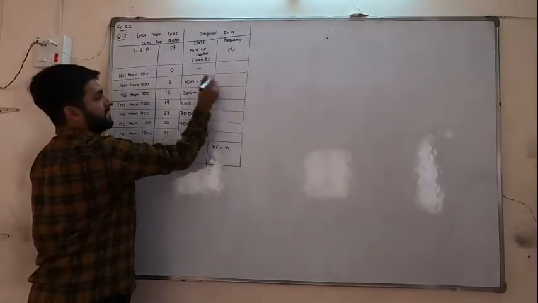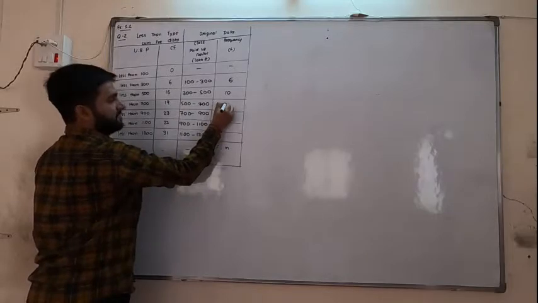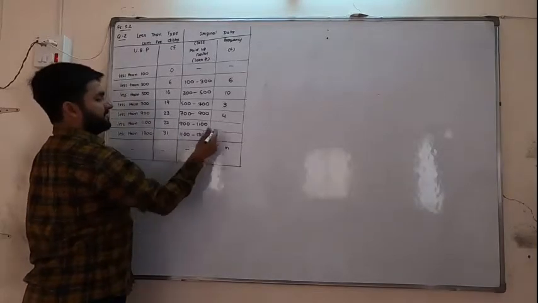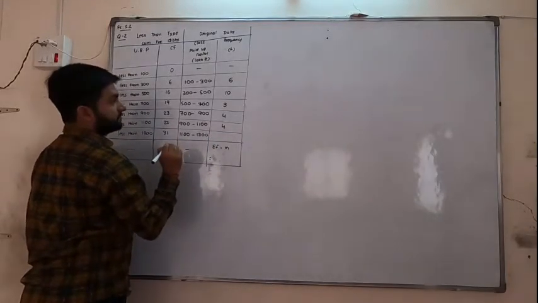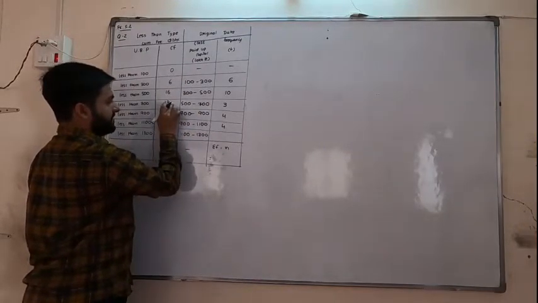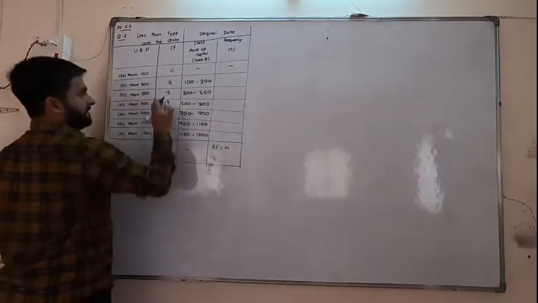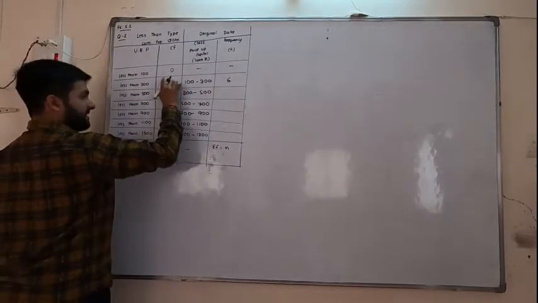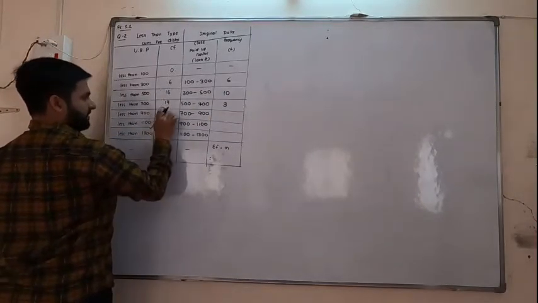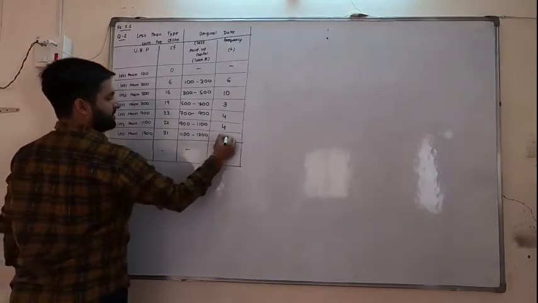Now the frequencies: 6 minus 0 is 6, 16 minus 6 is 10, 19 minus 16 is 3, 23 minus 19 is 4, 27 minus 23 is 4, 31 minus 27 is 4. I made a mistake earlier, so I corrected it.